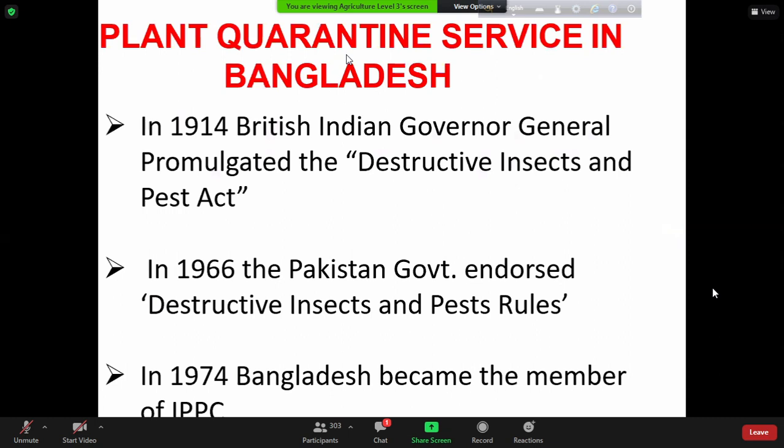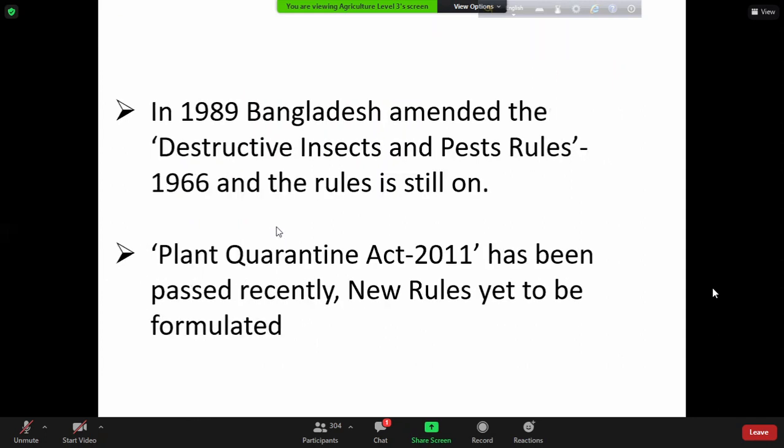How was this system introduced in Bangladesh? Actually, the British government declared the Destructive Insect and Pest Act in the year 1914. Later on, in 1966, the Pakistan government endorsed the act of the British government. And after liberation, the Bangladesh government in 1974 became a member of the International Plant Protection Convention countries.